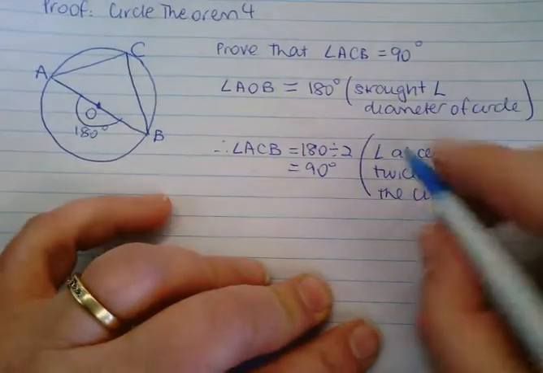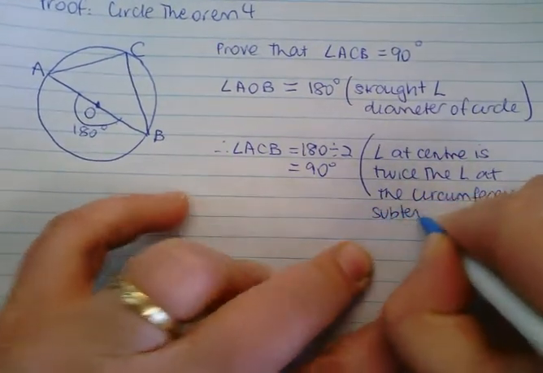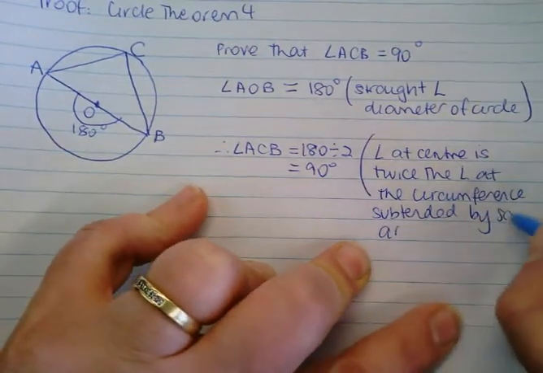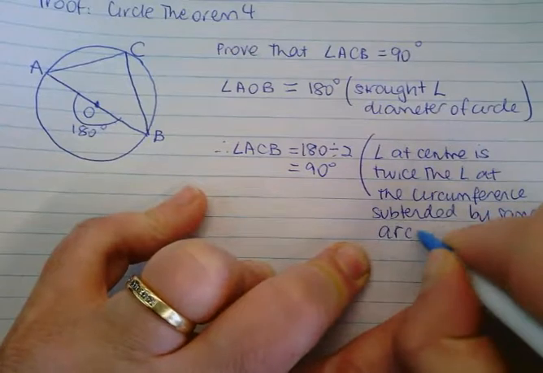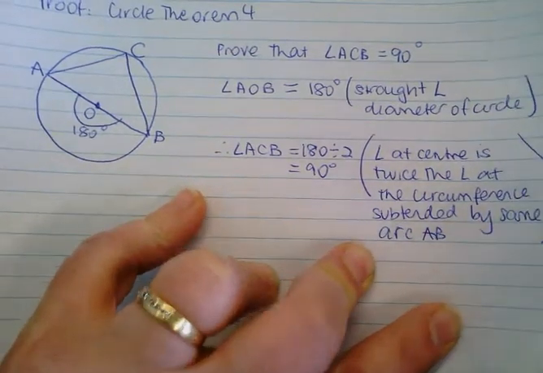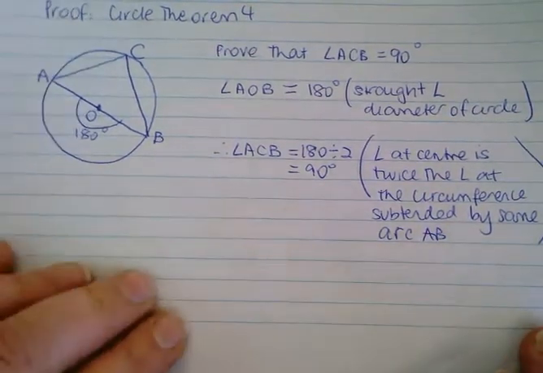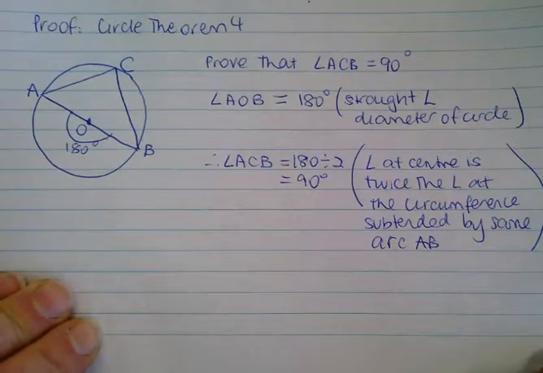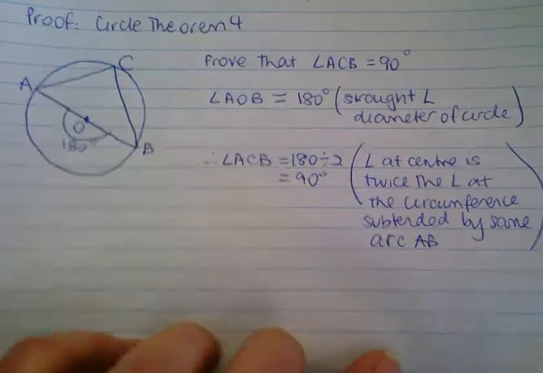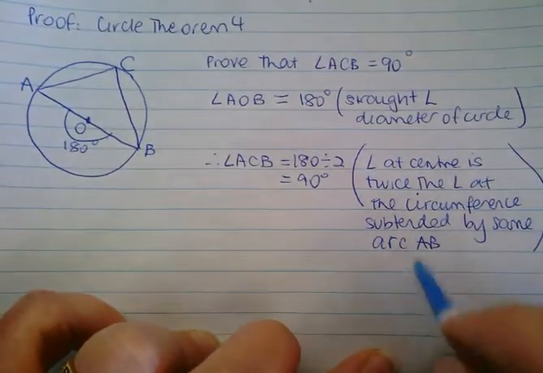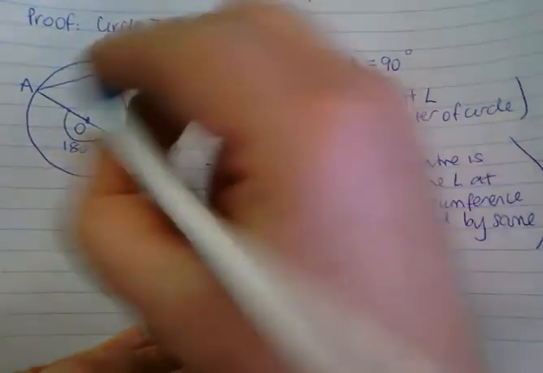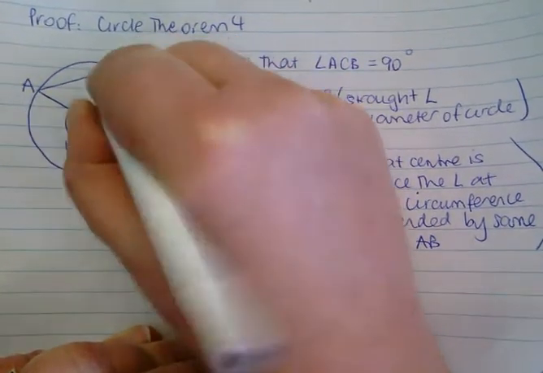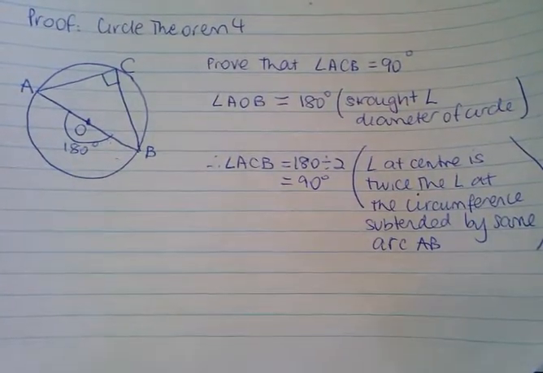And I can put subtended by the same arc AB. It's enough to say that the angle at the center is twice the angle at the circumference, but I can also put subtended by the same arc AB. So if that's 180, then this is 90. That's the proof for circle theorem 4.